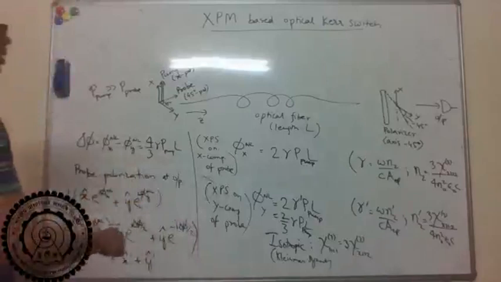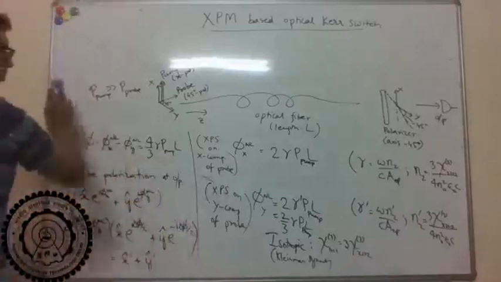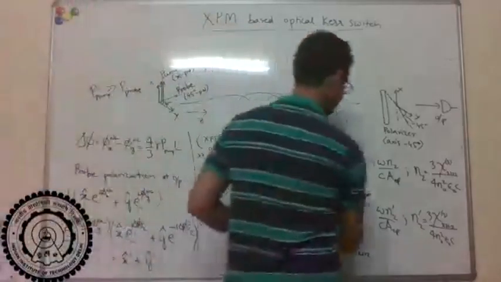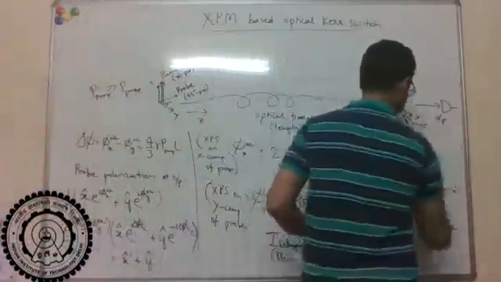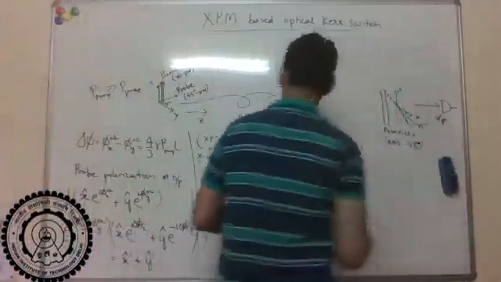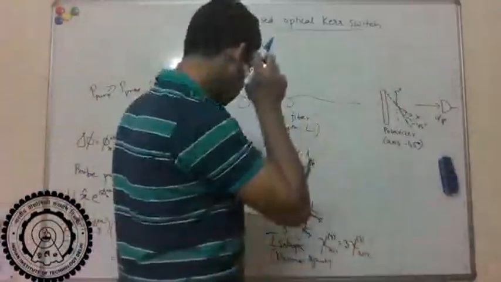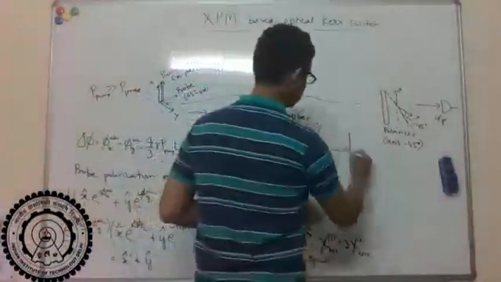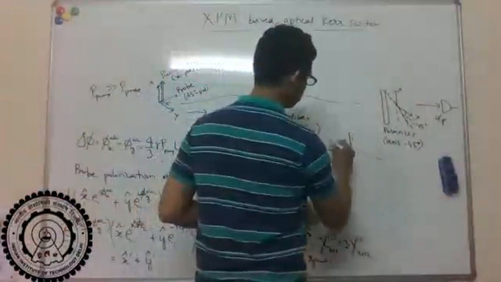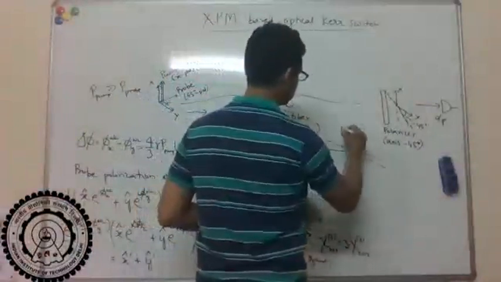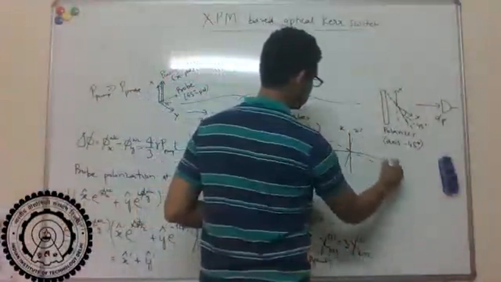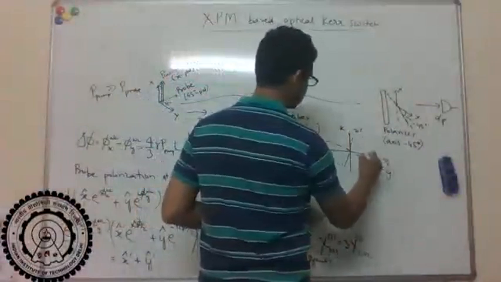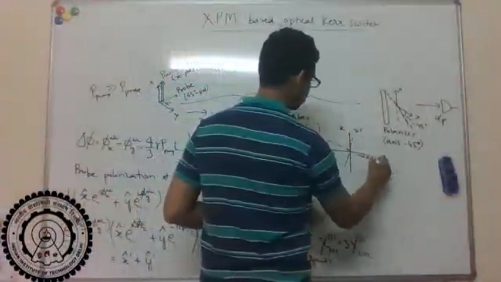So basically what is happening, right, there's a rotation by delta phi by 2.